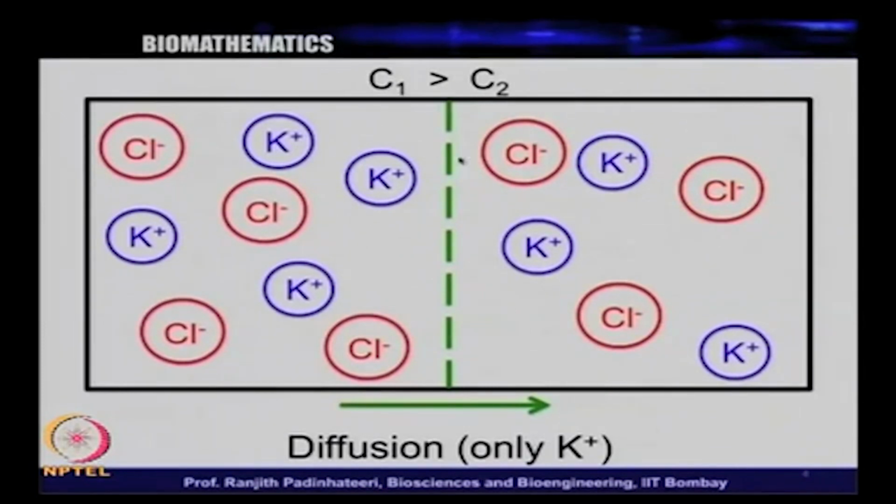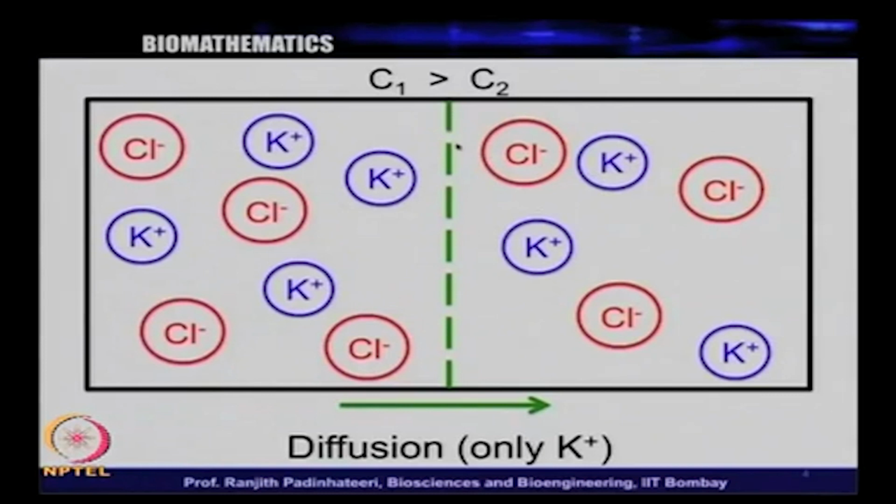As you see in this picture, C1 is greater than C2. That is, the concentration, or the number of ions in a given volume, is more here and less here. The volume is equal on both sides, so the number is more here. So, more concentration here and less concentration on this side.